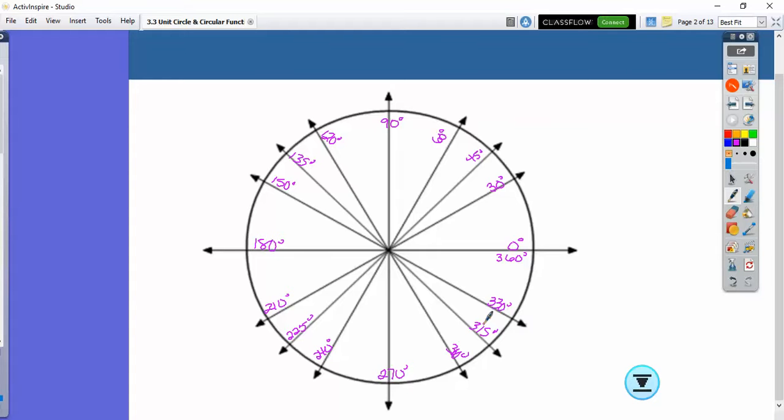Next thing I want to add in is the radians. So my radian measures. 0, you could call that 0 radians, or what's the other one you could call it? 2 pi. Okay, 30 degrees is pi over 6. 45 is pi over 4. 60 is pi over 3. 90 is pi over 2.